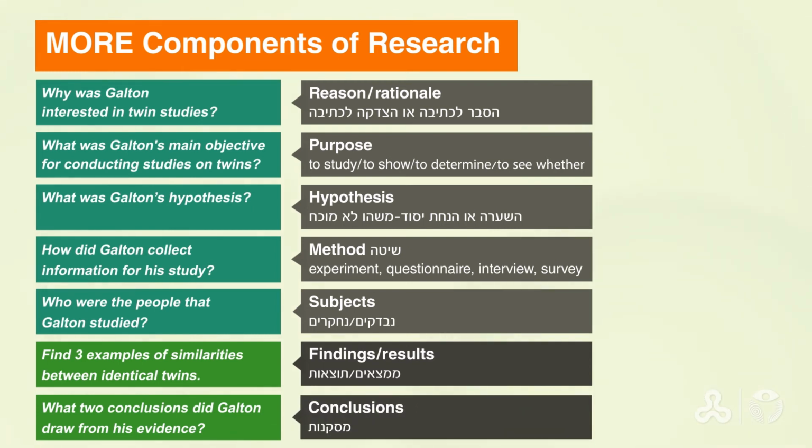The conclusions are generalizations that the researchers arrived at after looking at all of the information. כן, זה איזושהי הכללה או מסקנות שהגיעו אליהם אחרי שעשו את המחקר. על סמך הממצאים כמובן. So now we have here actually all of the components of research.